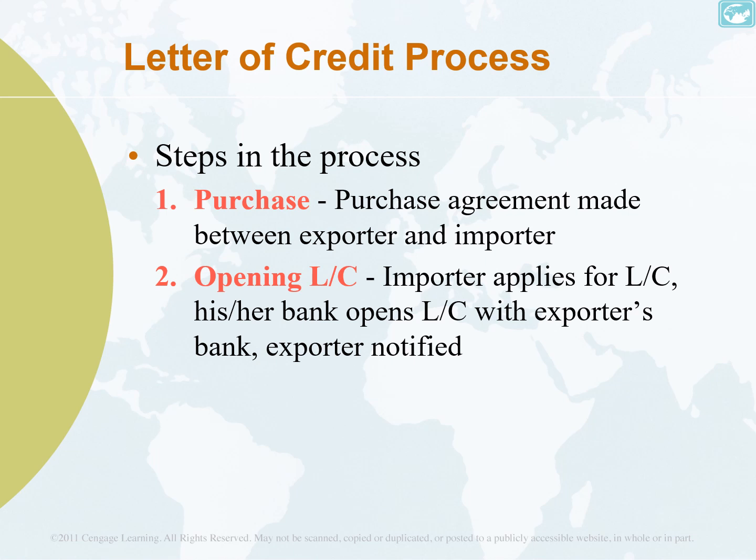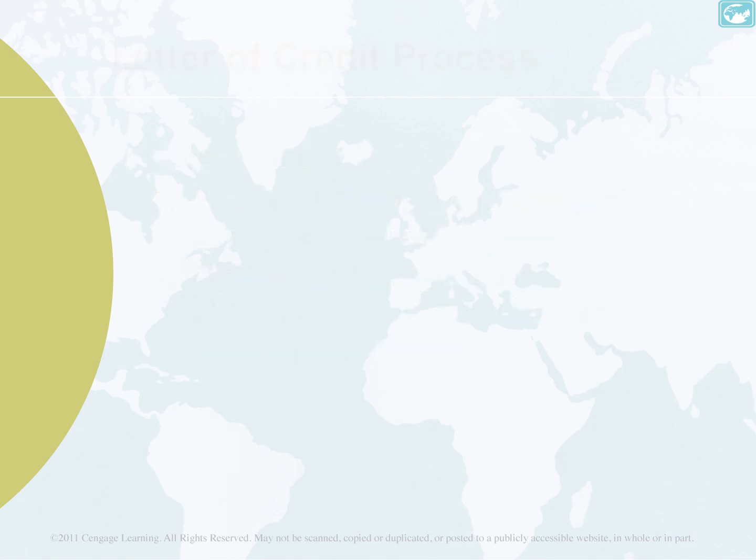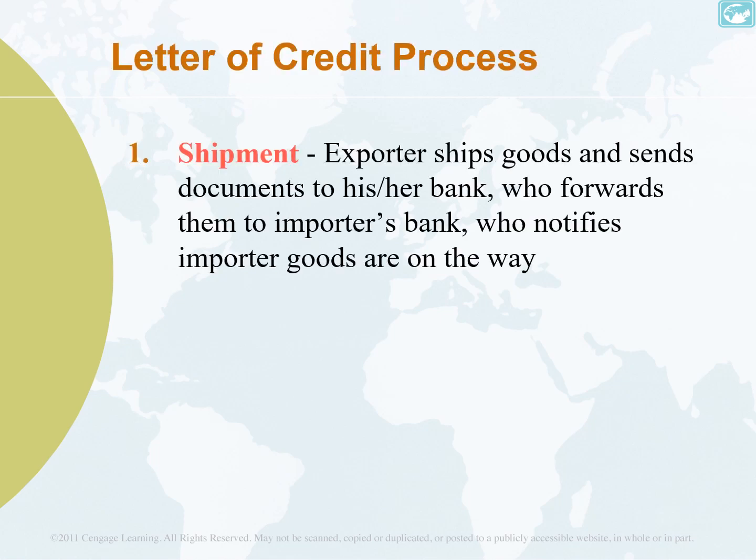The process of letter of credit: the first is purchase. The purchase agreement is made between exporter and importer, right? And then is opening of letter of credit. The importer applies for letter of credit in your bank, opens letter of credit with exporter's bank, exporter notified. Okay? And then shipment.